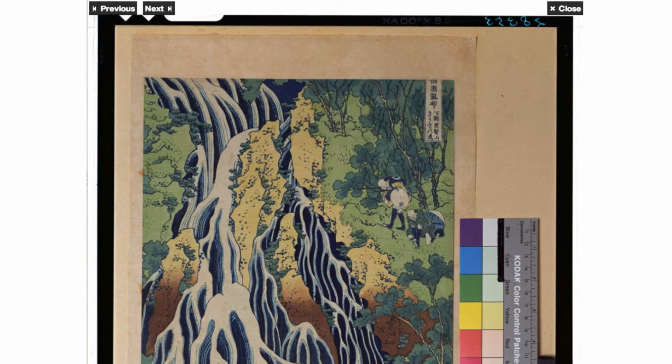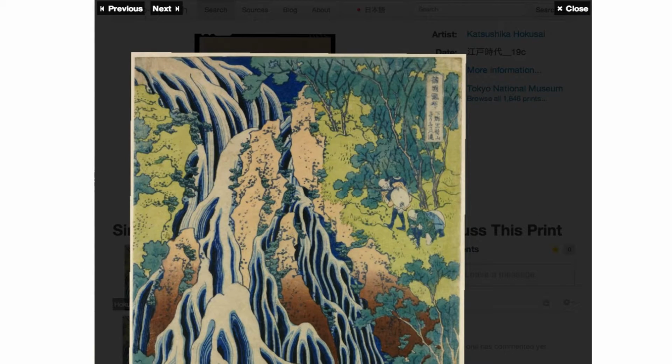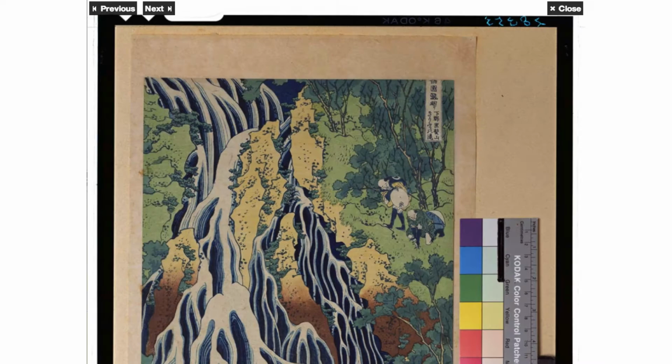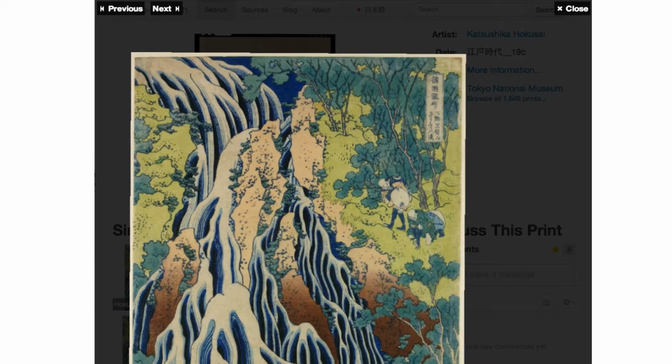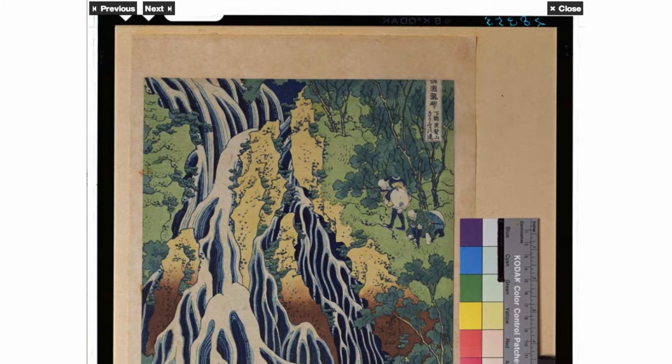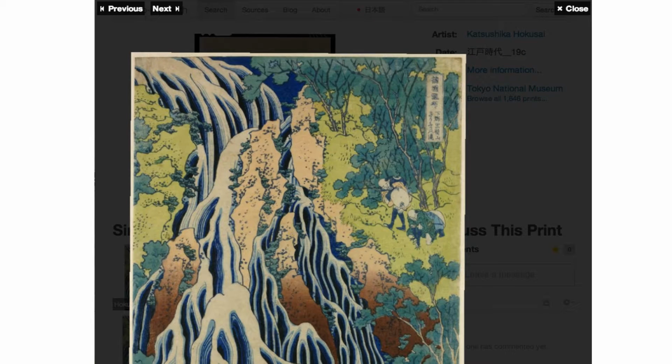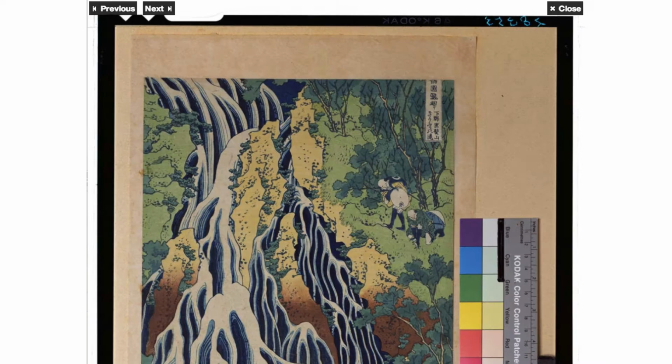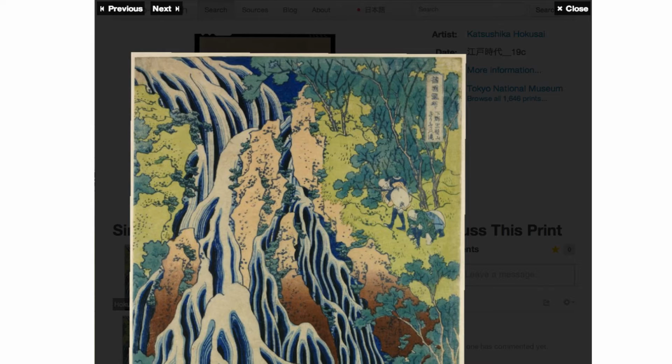And you can go back and forth again and again and really get a sense of the differences between those two prints. One of the things you can easily spot is that there's a whole portion of the top of this print here that's intact, but is missing in this print. So this is a case where being able to go back and forth, you can really more easily see those differences.